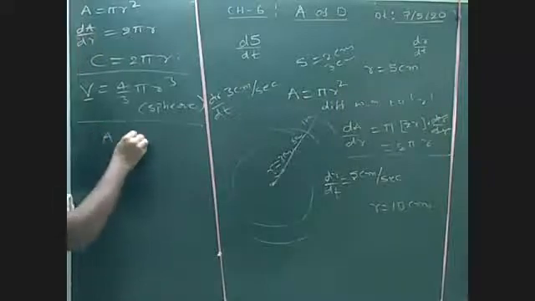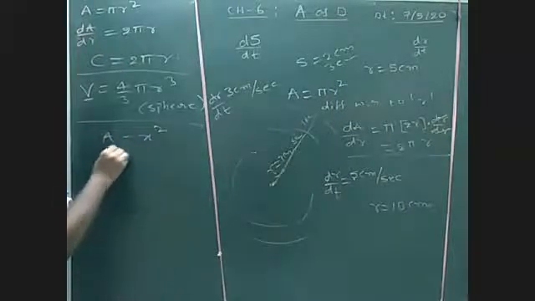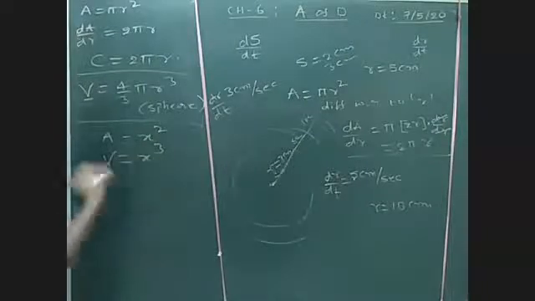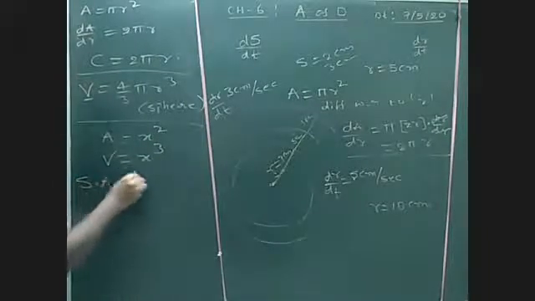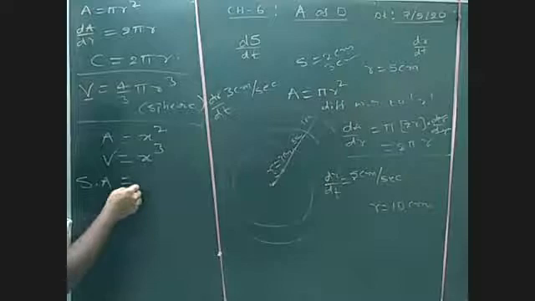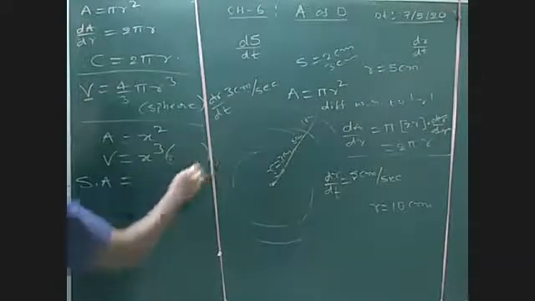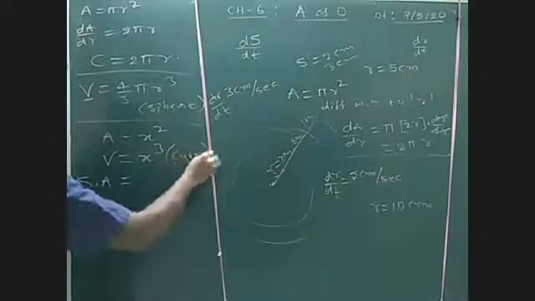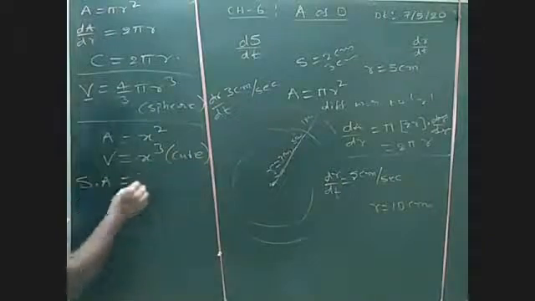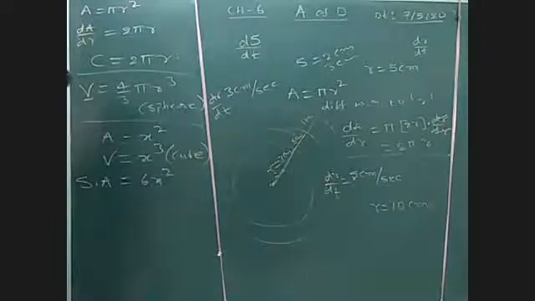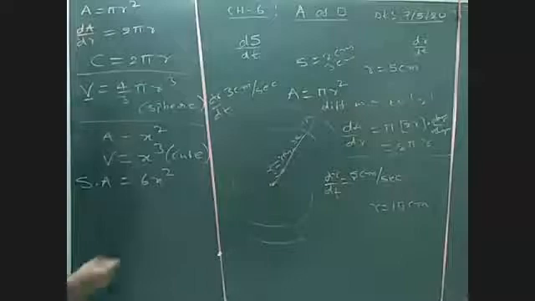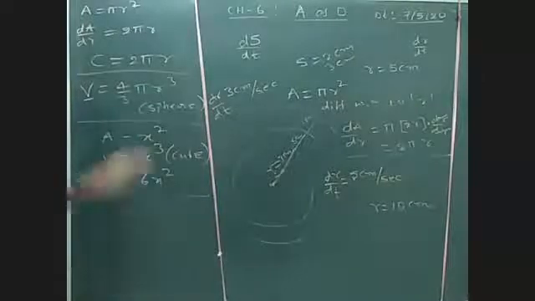Area of square is x square, volume of cube is x cube, surface area of cube is 6x square or 6a square. Like that, these formulas you have to remember.